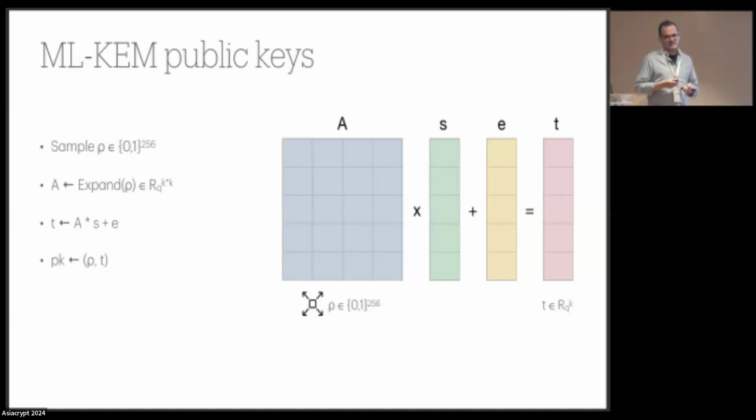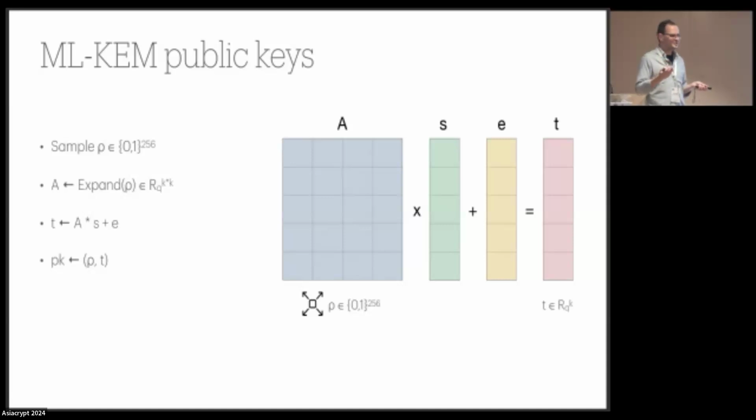So when we look at KEM public keys, lattice-based KEM, we usually have public keys that look something like this. We have a matrix A that is multiplied by some secret and added some error, and then T is the group element that will become the public key together with the matrix A. One thing we observe is that in most KEMs, a common optimization technique to reduce the size of the public keys is that, instead of transmitting the whole matrix A, this matrix A is deterministically derived from a small seed.